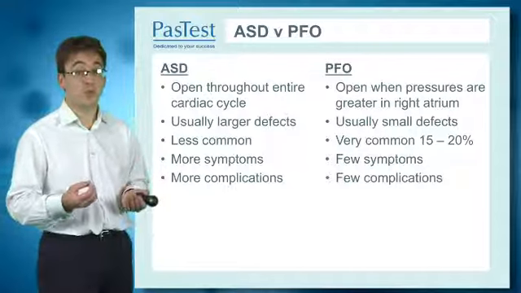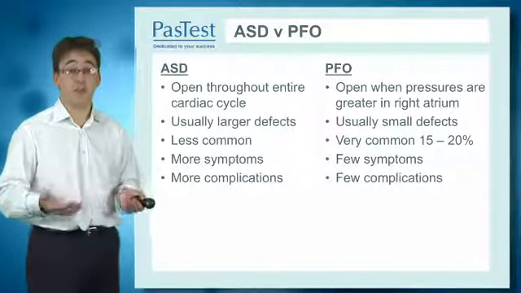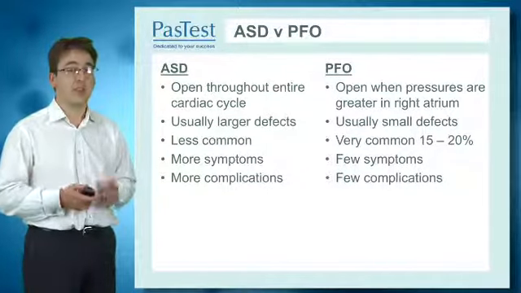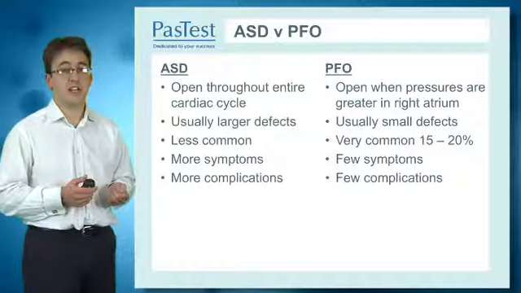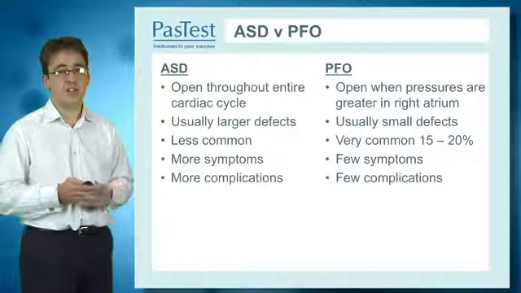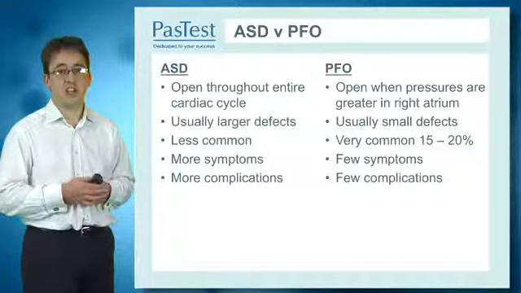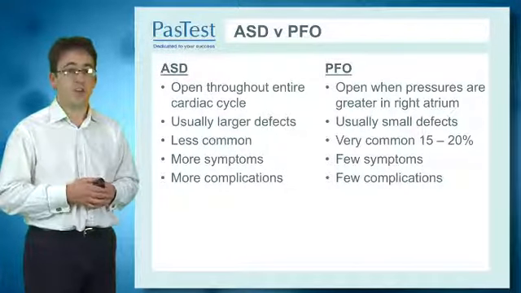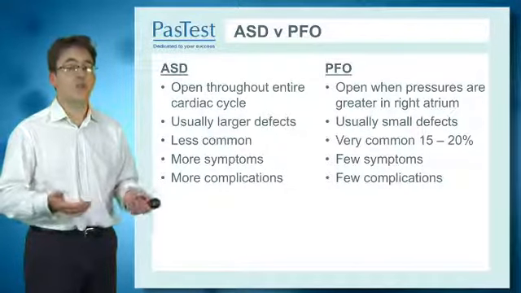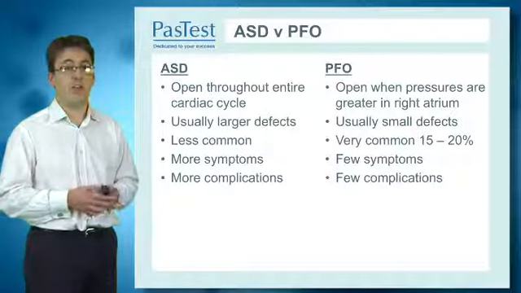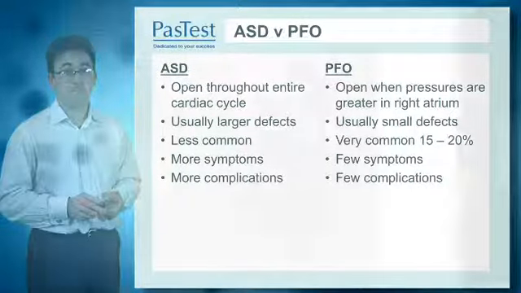It's usually far smaller, and as I've said, it's a very common phenomenon. It's associated with few symptoms and few complications, and indeed in most patients they're totally unaware that they actually have a patent foramen ovale, and the first time they may be told about this is when they come up for a routine echocardiographic study for an unrelated request.